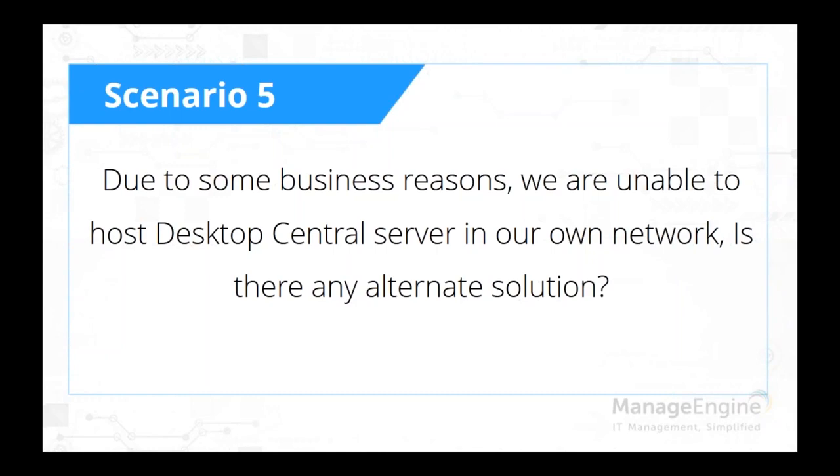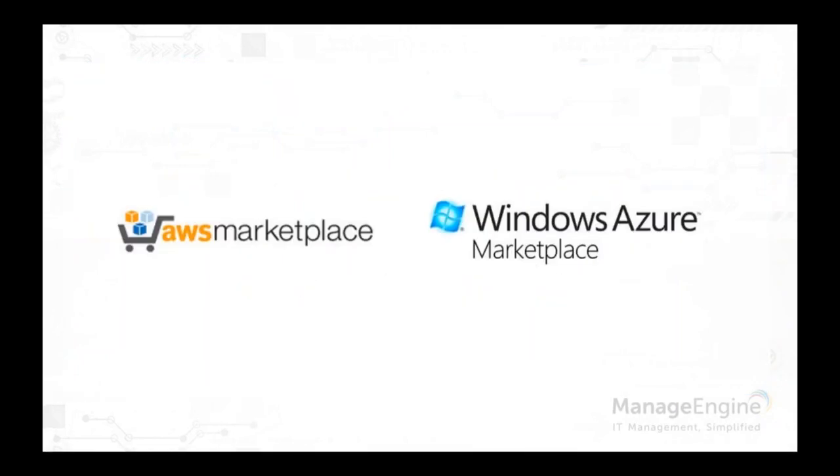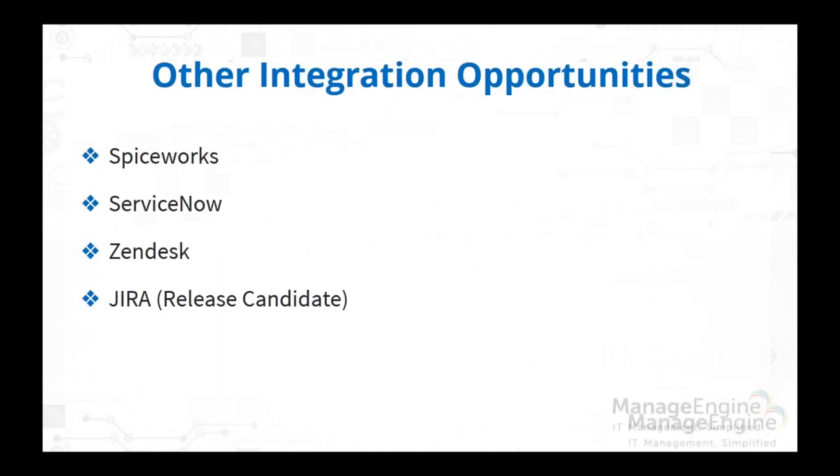In such a condition, how do we host Desktop Central in the cloud? We have an option from AWS Marketplace and Windows Azure. This would help you make an instance in Amazon Workspace or else with Microsoft Azure, and we can use Desktop Central even as a hosted solution.